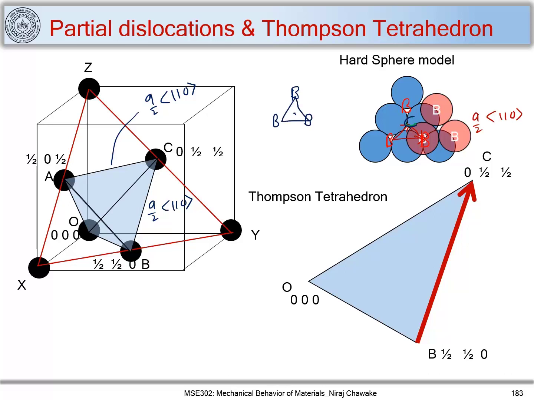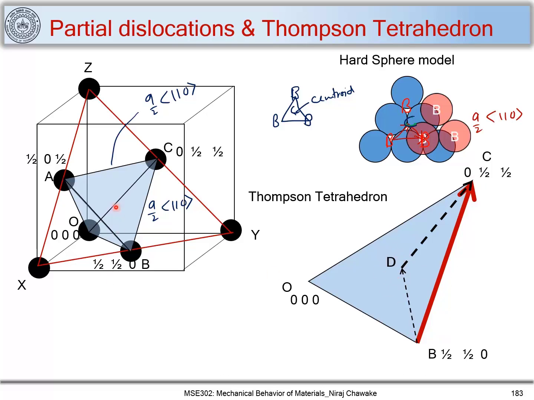This C position is the centroid of this triangle. So this is an equilateral triangle, and C becomes its centroid. Let's mark this position here. So the B atom moves to the C position via this splitting of this Burgers vector. Let's mark this position as D.